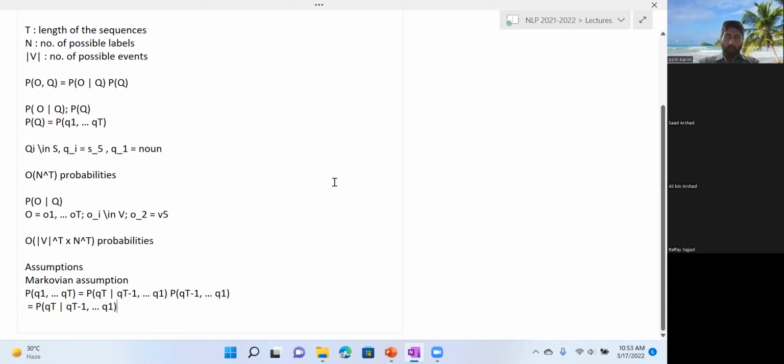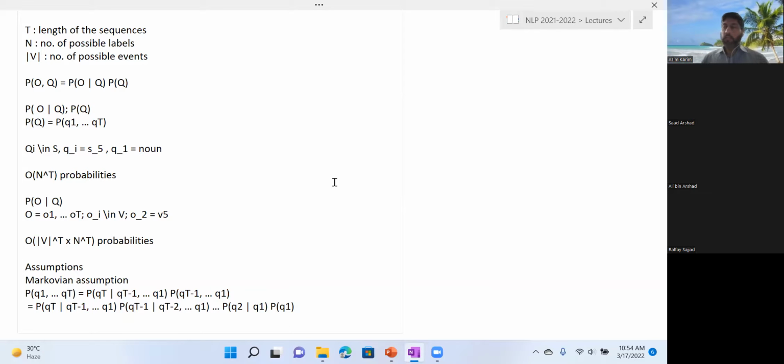So Q1. And then, of course, you have the probability of Qt minus 1 given Qt minus 2 to Q1, down to, of course, the probability of Q2 given Q1, and then, of course, the probability of Q1, right?